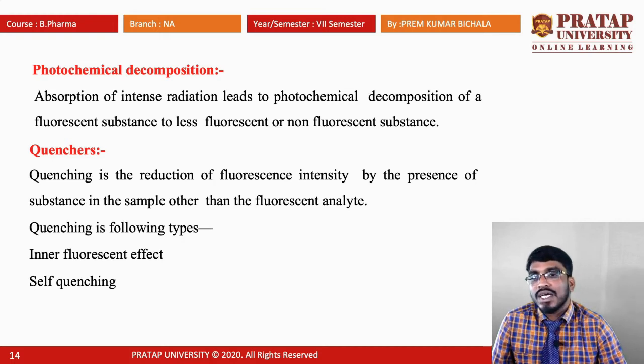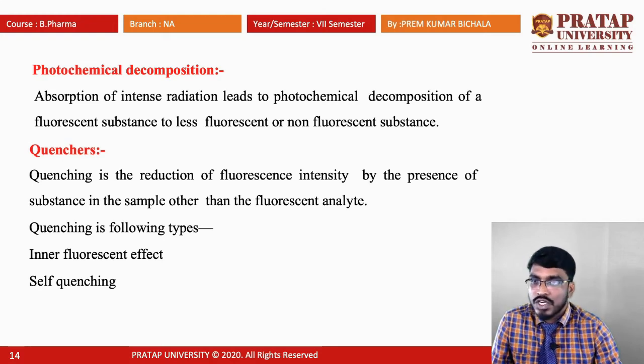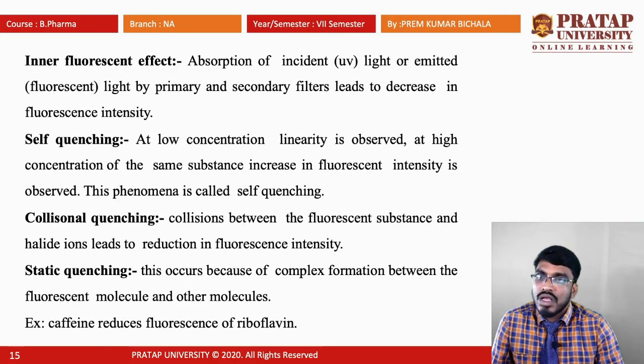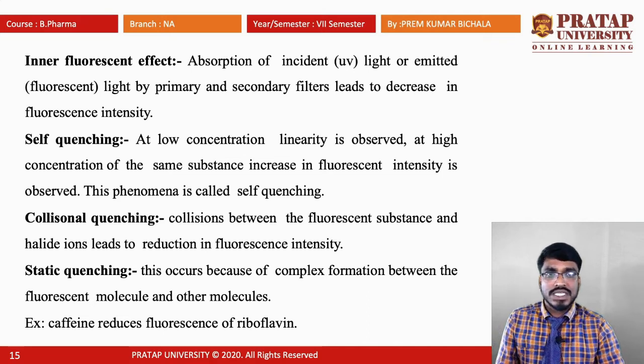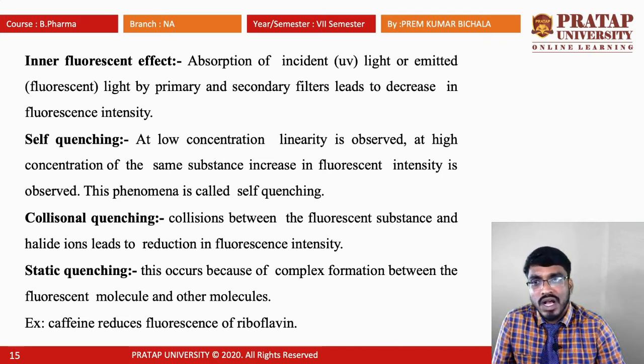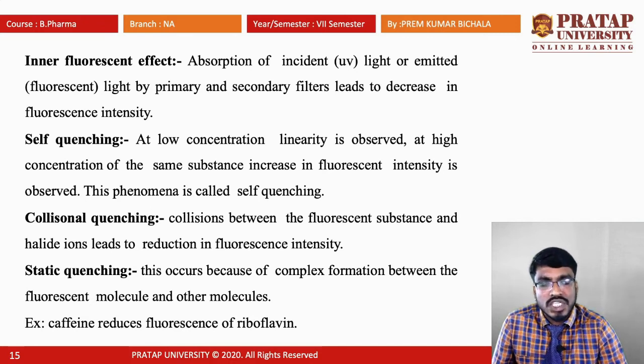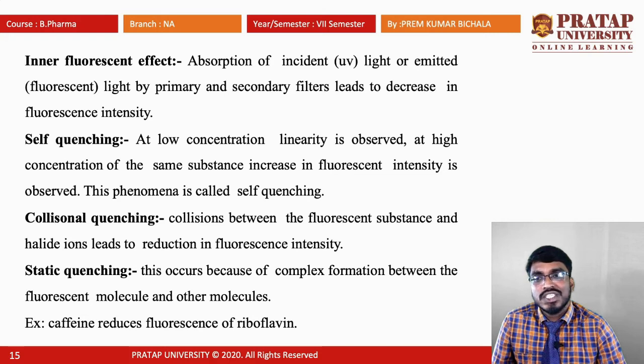Quenching has the following types: inner filter effect and self-quenching. In the inner filter effect, absorption of incident light, that is UV, or emitted light by primary and secondary filters leads to a decrease in fluorescent intensity.